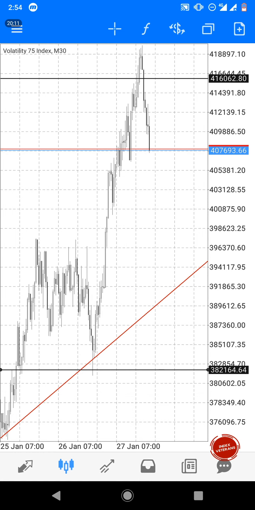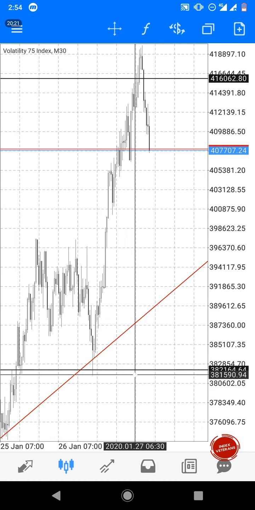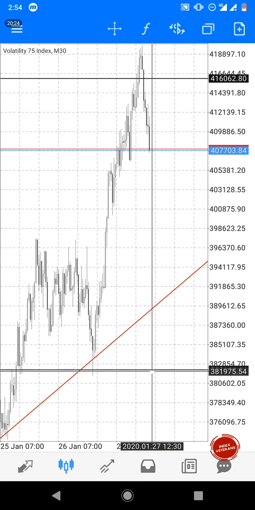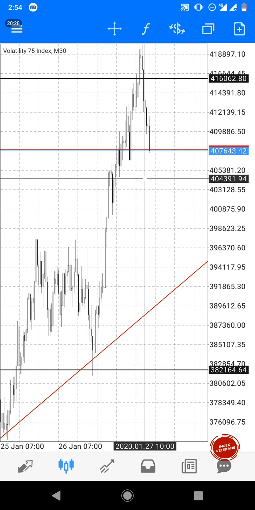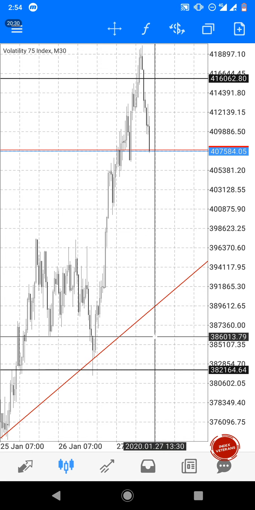As I told you, wait for the breakout above and retest, or a breakout below the trend line, and also there will be a breakout below for your entry. Wait for a break below this line. So if the price breaks this, I know it will take time, but don't rush.